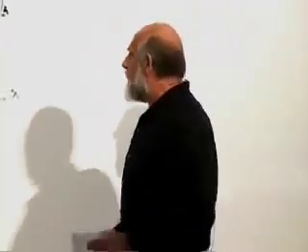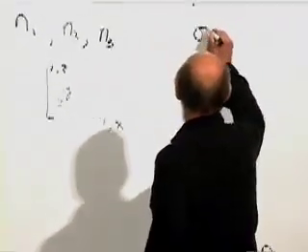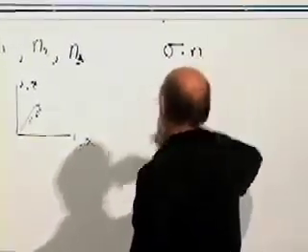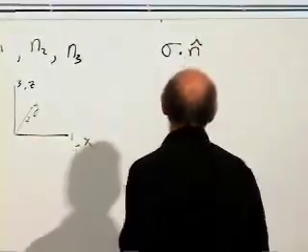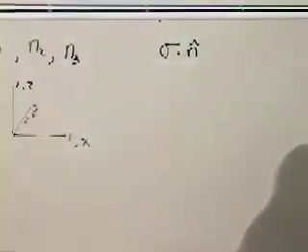But for the moment, forget that they're matrices. If we're interested in the component of sigma along the arbitrary axis n, then what we're interested in is the dot product of sigma with n. And to indicate a unit vector, it's conventional to put a little hat on top of it.